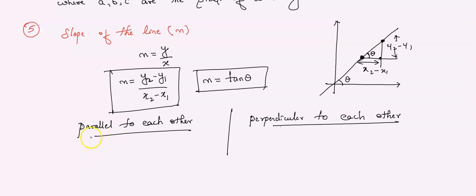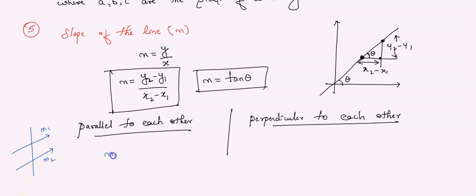If the lines are parallel to each other, okay children, suppose this is a line and here we have one more line. When these two lines are moving parallel to each other and you want to find the slope between them, m1 is the slope of the first line and m2 is the slope of the second line.